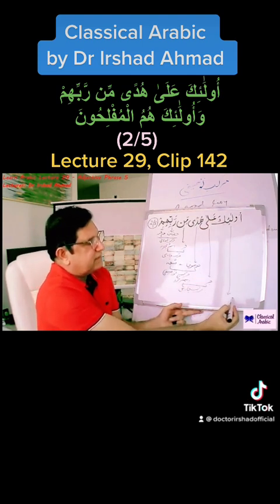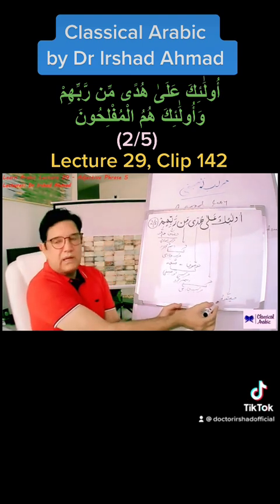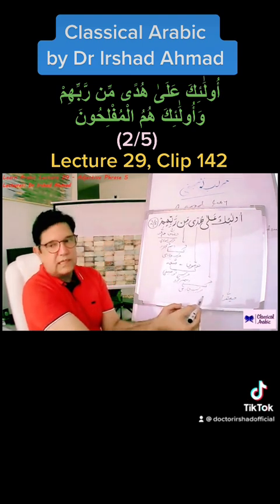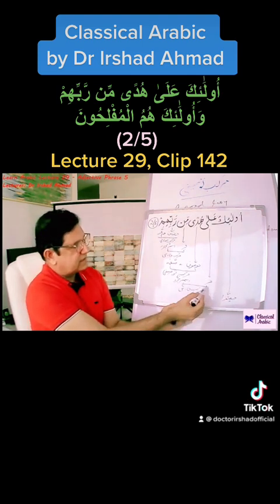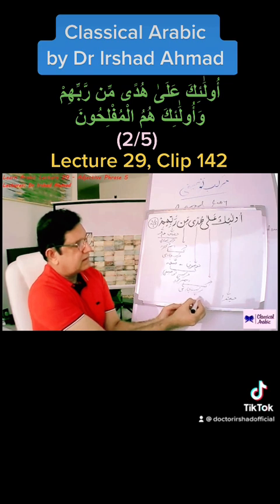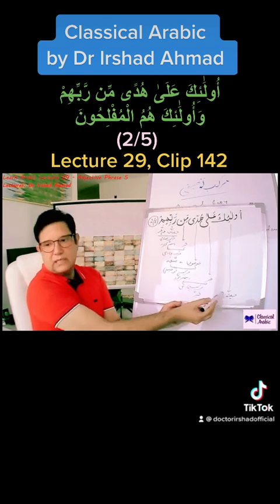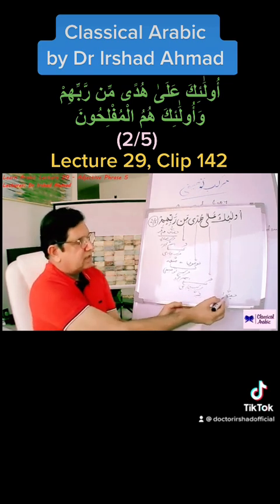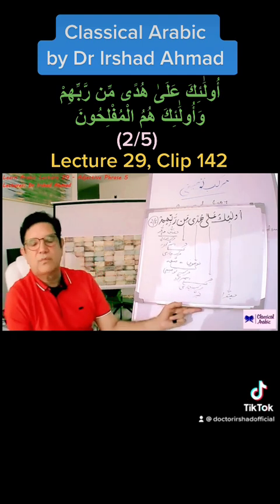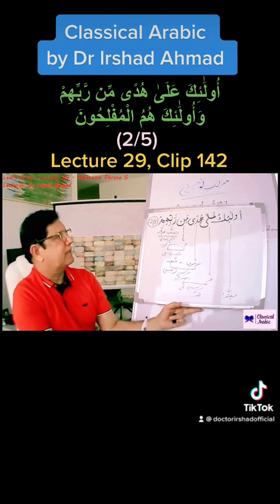So this will be mubtada, and in Jumla Ismiya, khabar follows the mubtada at the beginning of a sentence. So what is that going to be? It's khabar. So this murakkab jari is khabar for this mubtada. So this mubtada and khabar combine to make Jumla Ismiya, and we call that khabariya.